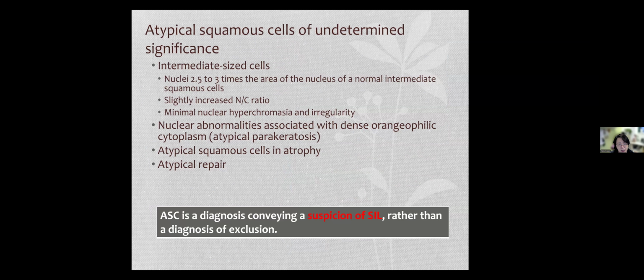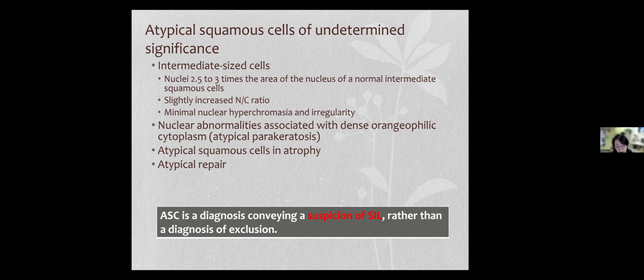So ASCUS, as I mentioned, has large nuclei, and the most important thing I want to mention is that ASCUS is not a wastebasket. You have to rule out everything else. If you suspect a squamous intraepithelial lesion but there's not enough for it, then you call ASCUS.